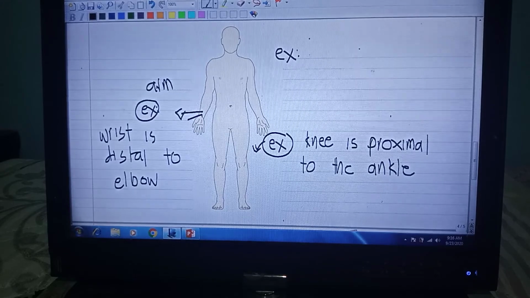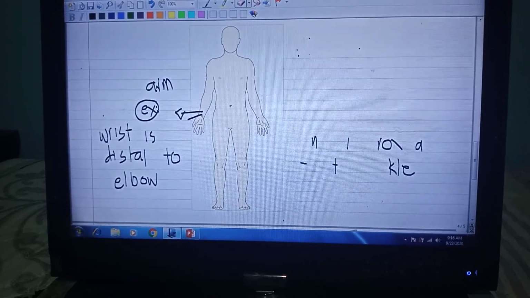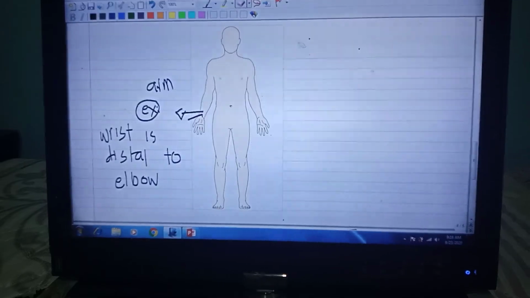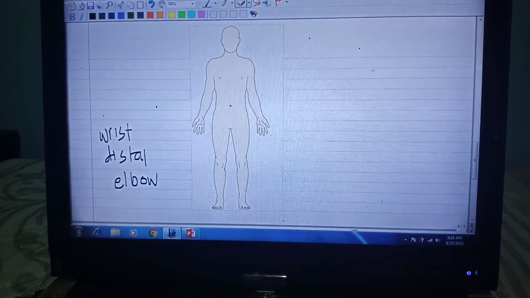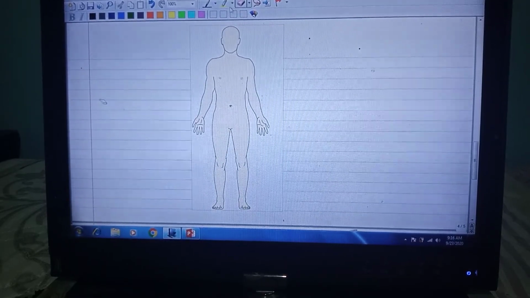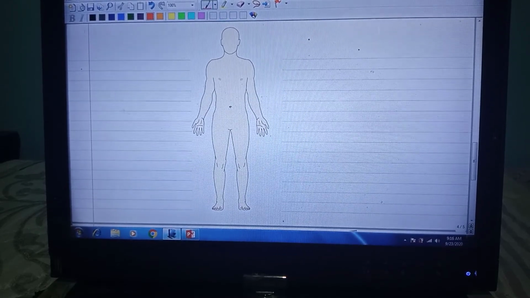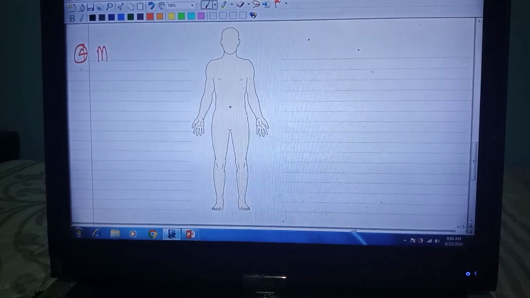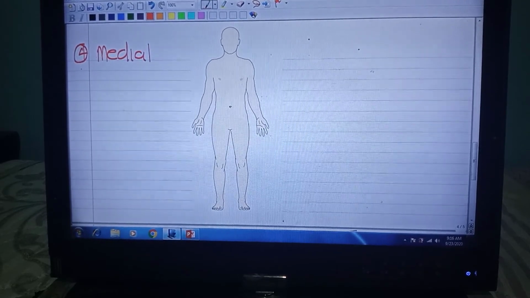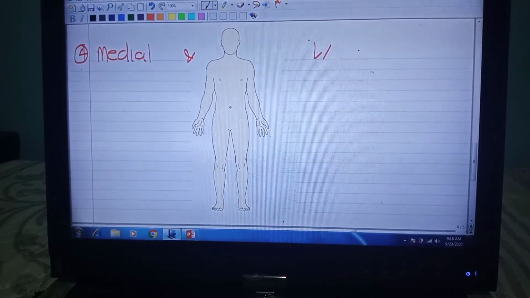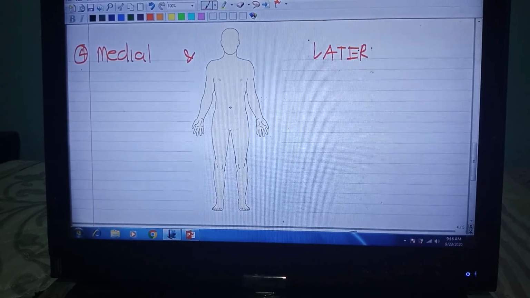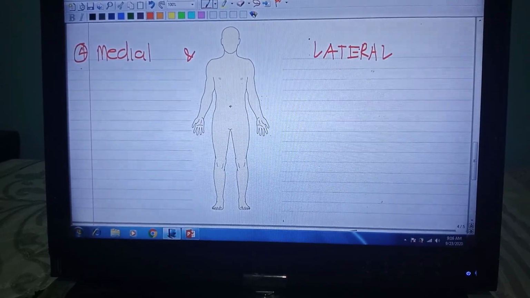Okay, now, another term that we need to ponder aside from your anterior, posterior, your superior, inferior, nandun din yung ating tinatawag na medial and your lateral. Medial or lateral.